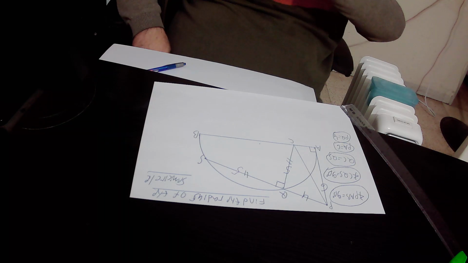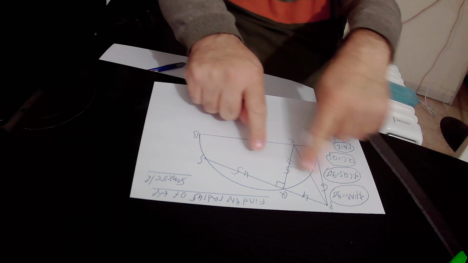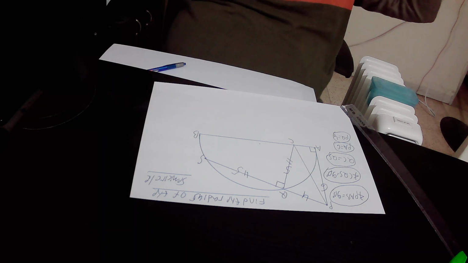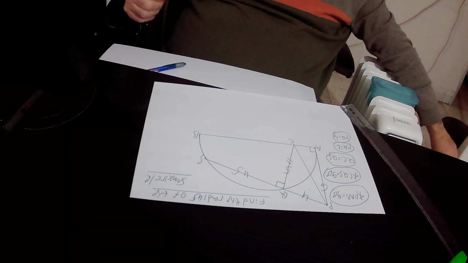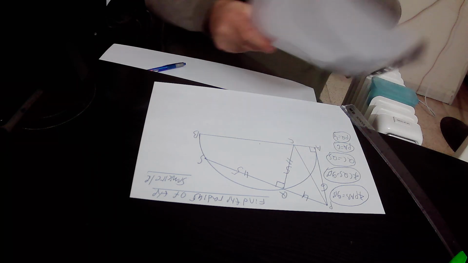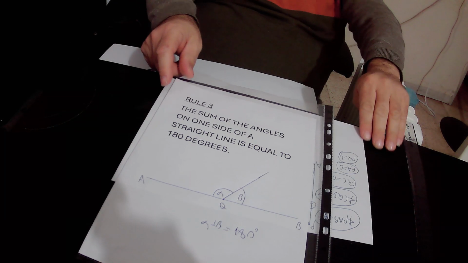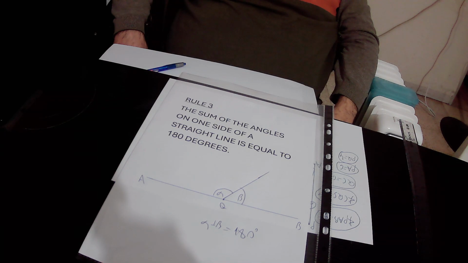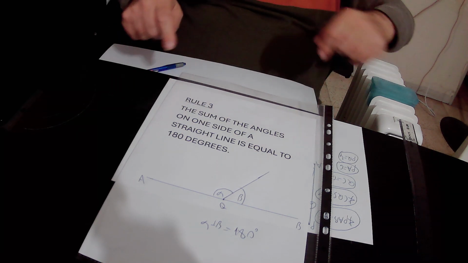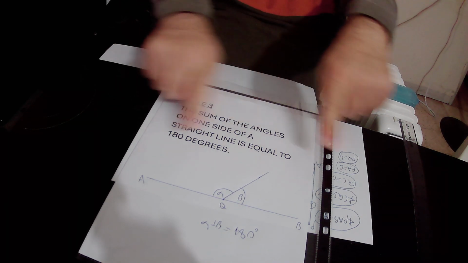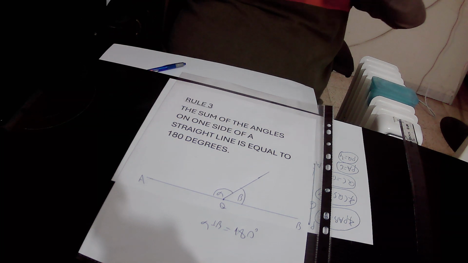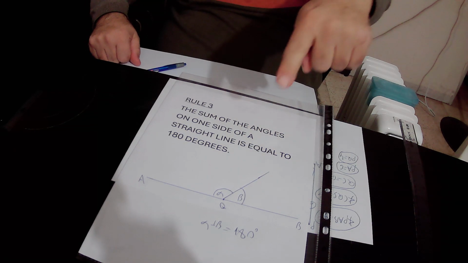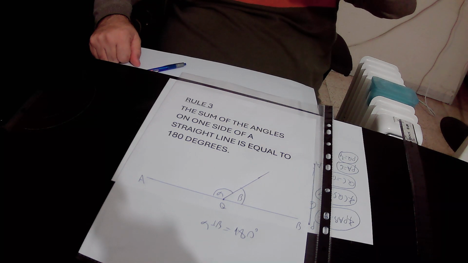So if we focus on the lower side of the straight line PS at point Q, here the sum of the angles must be equal to 180 degrees according to rule number 3. According to rule number 3, the sum of the angles on one side of a straight line is equal to 180 degrees. If AB is a straight line and we focus on the upper side of AB at point Q, the sum of the angles must be equal to 180 degrees. That is to say, alpha plus beta in total must be equal to 180 degrees.